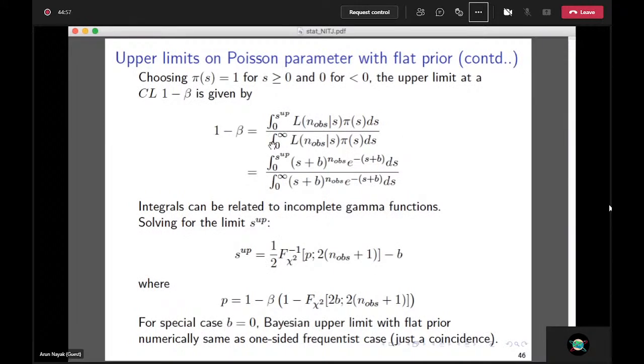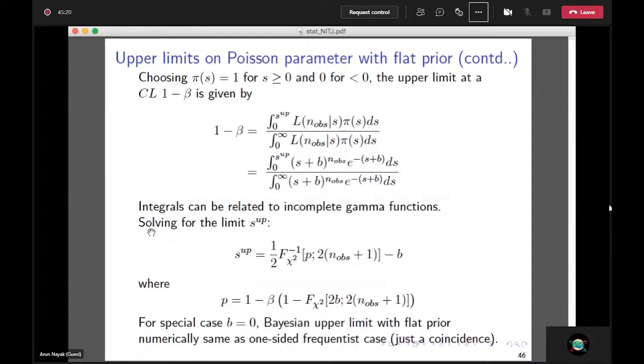You can see that the one below integrates over all the possible probabilities, and the upper one goes from 0 to s, otherwise for below 0 this pi is 0. Actually, these integrals are related to incomplete gamma functions.